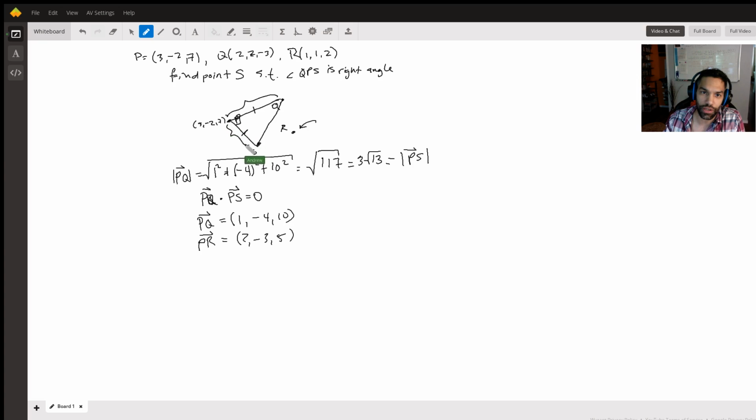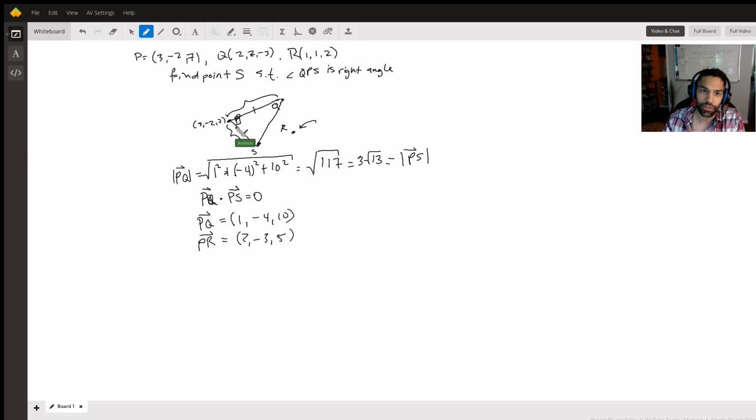There's an entire plane that's orthogonal to this vector. So we wanted to narrow it down. The idea, I believe, behind putting R here is that this PS vector is supposed to be lying within the same plane that PQ and R are lying in, right? So that's why we're going to put that there. So now we at least have a reference in terms of the plane that we need to be in.